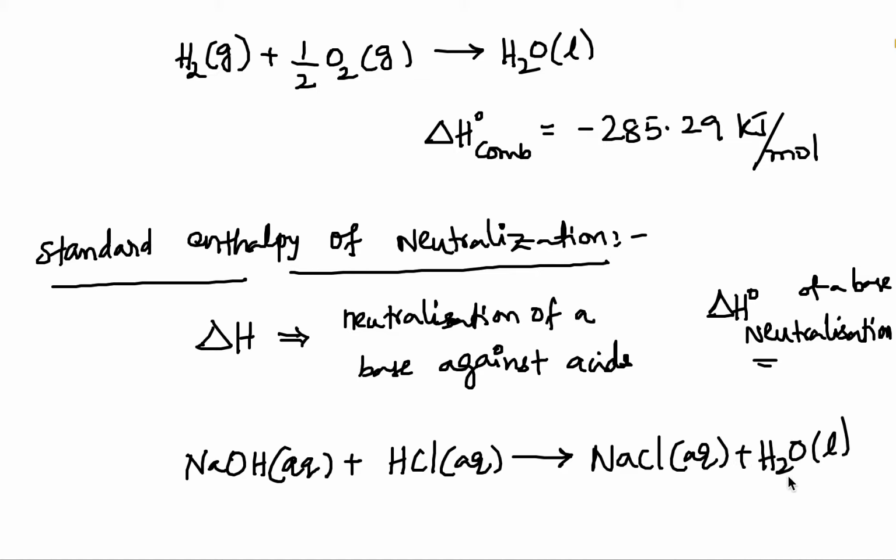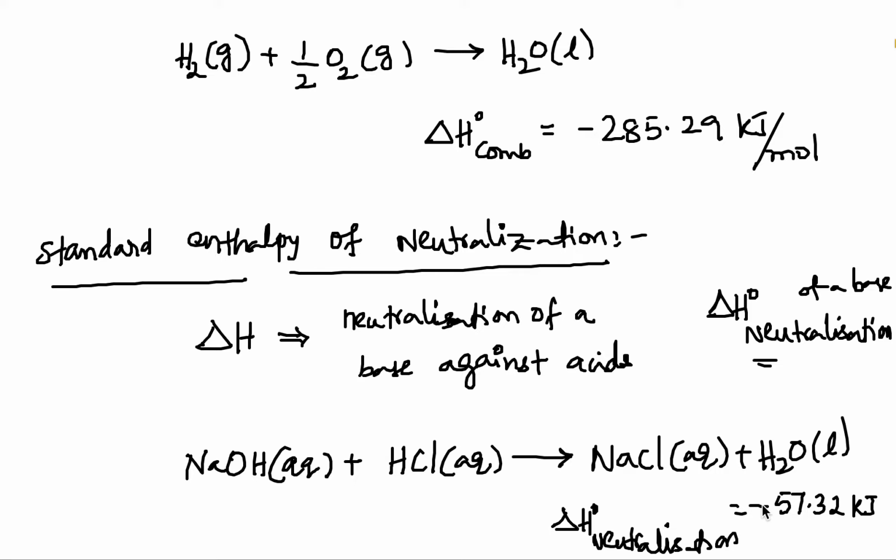And for the 1 mole neutralization of NaOH or 1 mole neutralization of HCl, the enthalpy or heat released is 57.32 kilojoules. I said heat released, but when we write the thermochemical equation, we must use the negative sign for the release of heat. So we must be very careful.